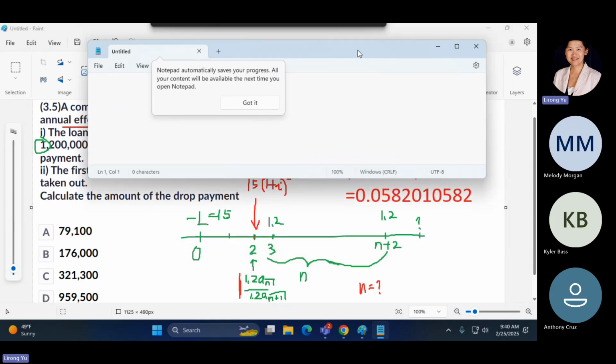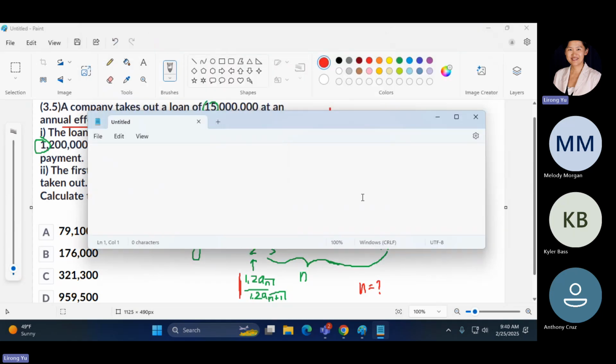The first thing is we also have to calculate the total value, and our target value is actually 15 times (1 plus i) squared, because we have to allow it to grow for 1 time period.